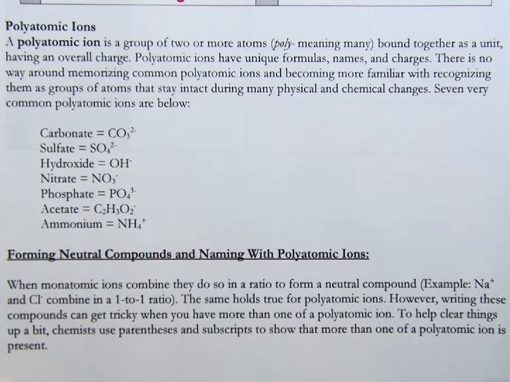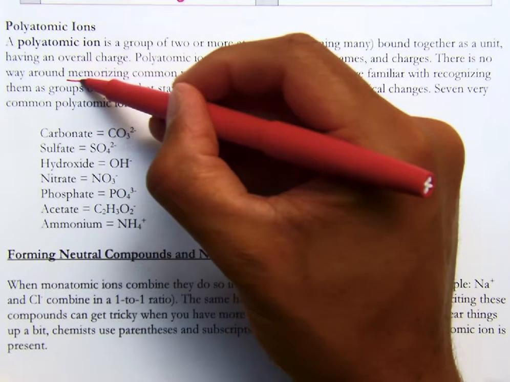Okay, now in your textbook, you'll see probably a table that has maybe 24 of the most common polyatomic ions. I've put 7 or 8 here. I guess that's 7, and these are like the most common of the most common. You need to memorize these, okay? There's no way around memorizing them.